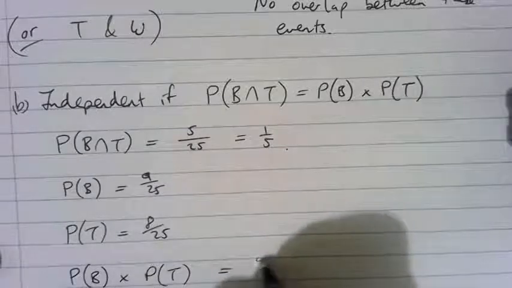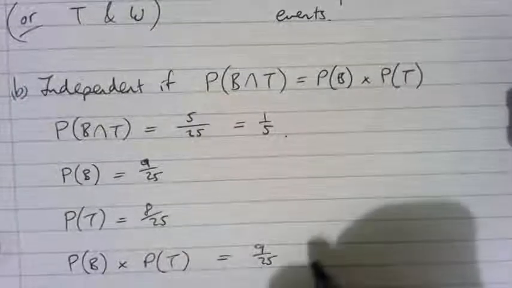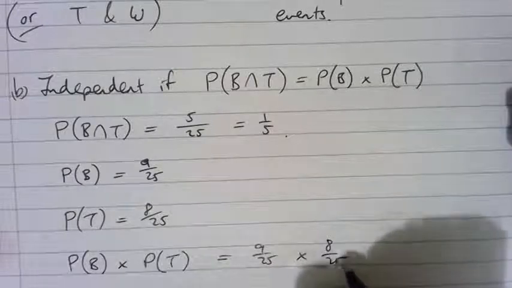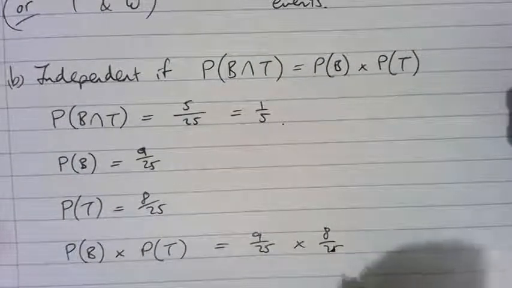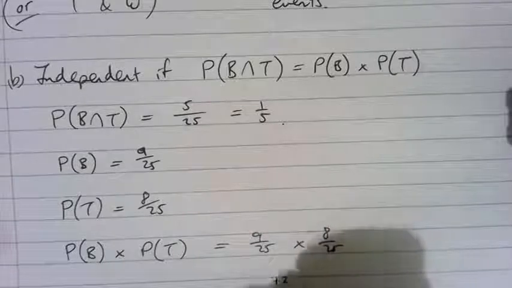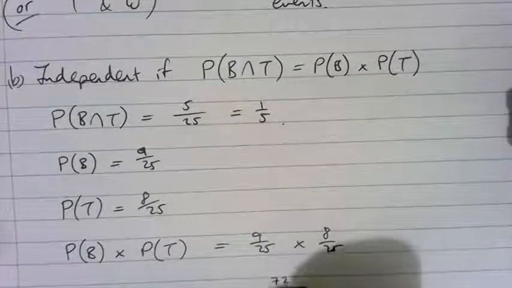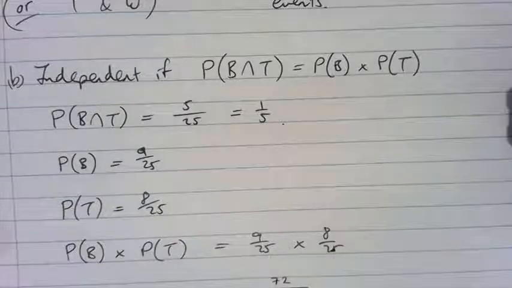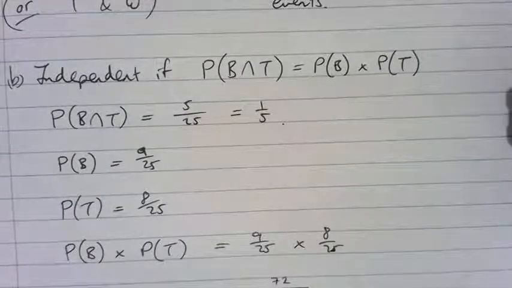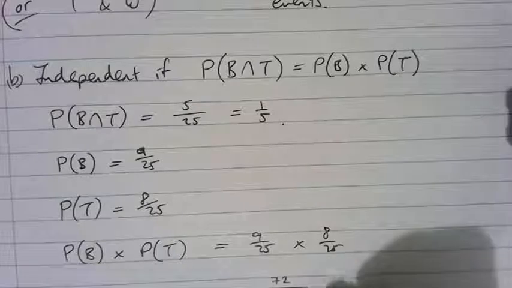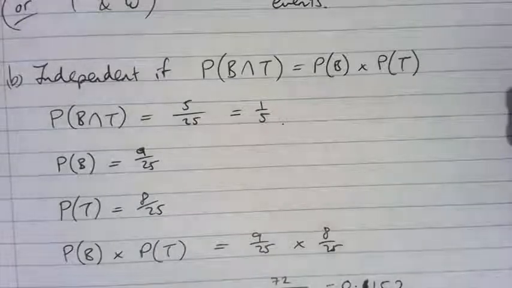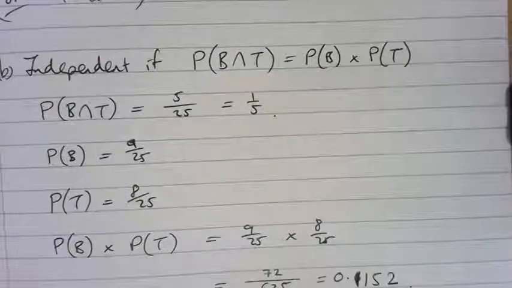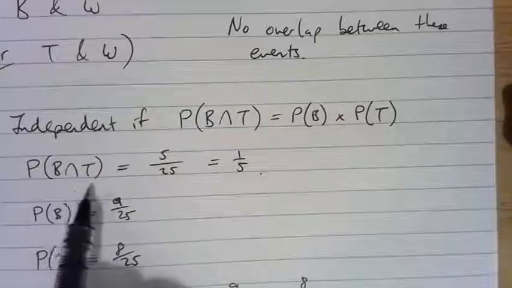Well, that is clearly the 9 out of 25 for the probability of B times the 8 out of 25 as the probability of T. Okay, 9 eights are 72, and 25 times 25 is 625. Now, 72 out of 625 is 0.1152.